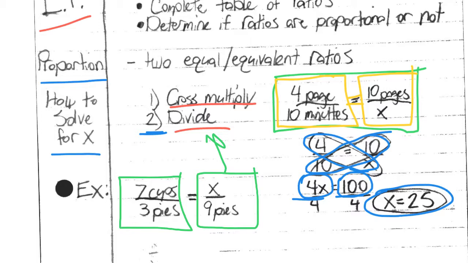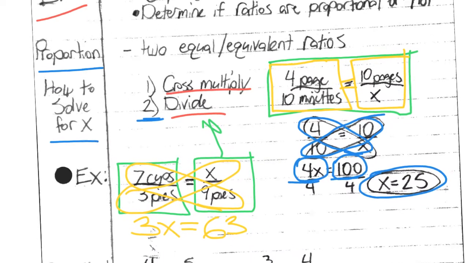So I'm going to go ahead and circle like a butterfly. So we have my 7 and my 9 are together, my 3 and my x are together, and then I'm going to multiply. So I have 3x, 3 times x is 3x, equals 7 times 9 is 63. Now, this is an equation. We know how to solve an equation. We do the opposite. 3 times x, the opposite of times, is going to be divide.